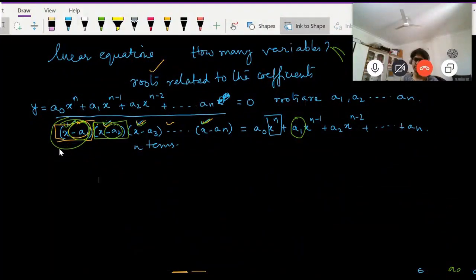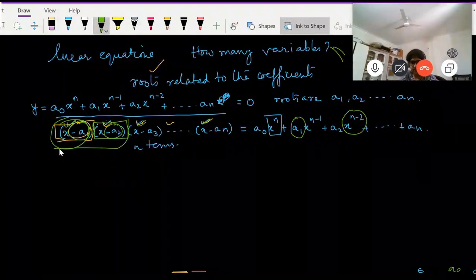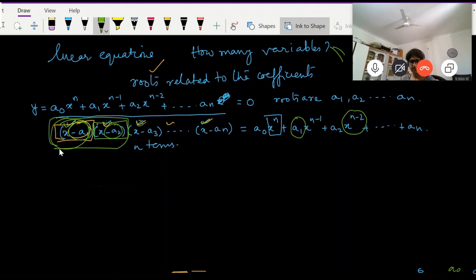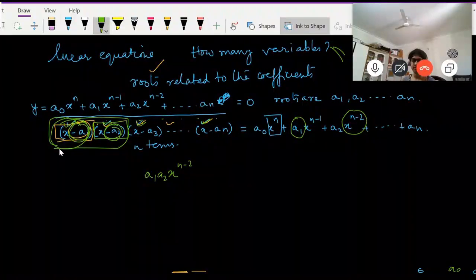So if I take x to the power n minus 2 now, that means I have to keep two terms out and multiply the x terms of the rest. Then I will get x to the power n minus 2, and with that I will multiply the constant terms of the first two terms, a1, a2, right?